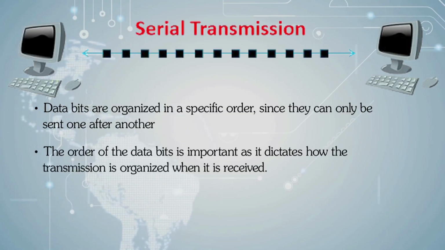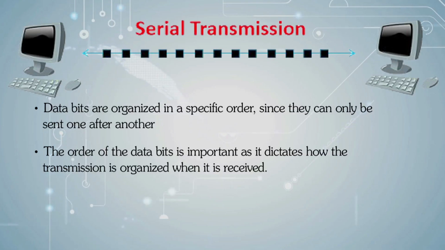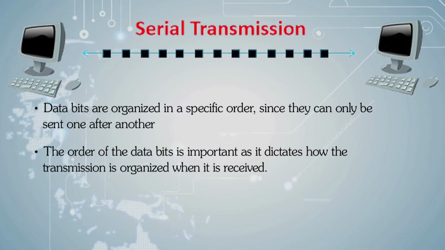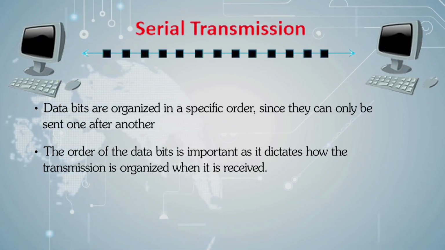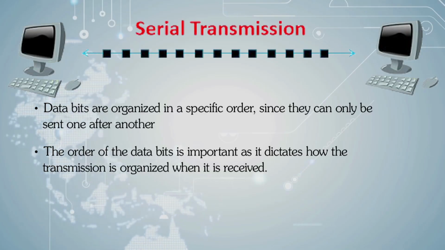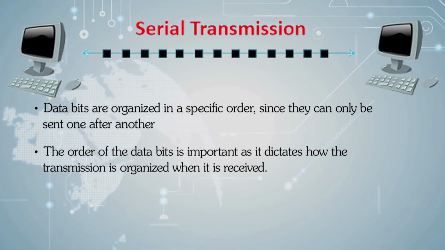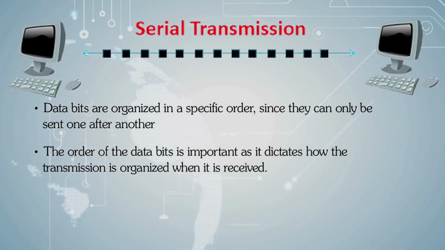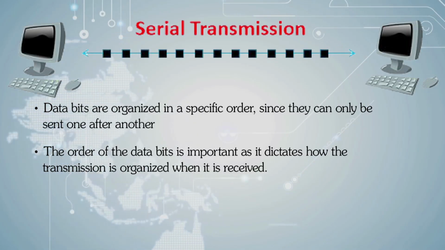The order of data bits is important, as it dictates how the transmission is organized when it is received. So basically the order of the data is important, otherwise it will not be interpreted correctly on the other side, or the meaning will be wrongly interpreted.